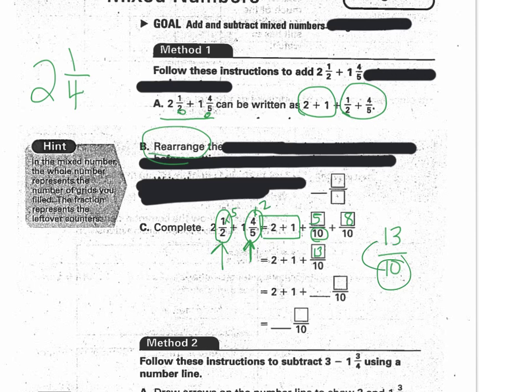It can go once. How much is left over? 3 out of 10. So that number is 1 3/10. Now I can add my whole numbers. 2 plus 1 plus 1 is 4 3/10.